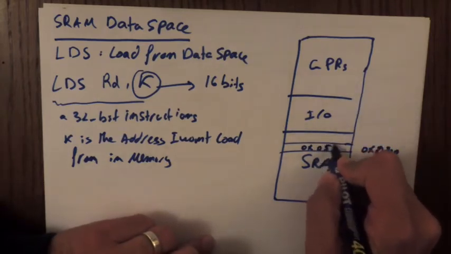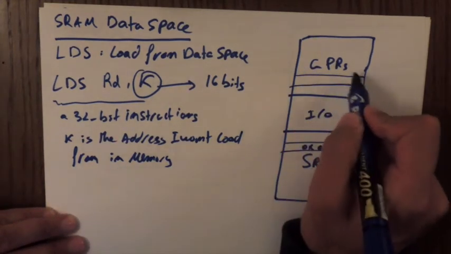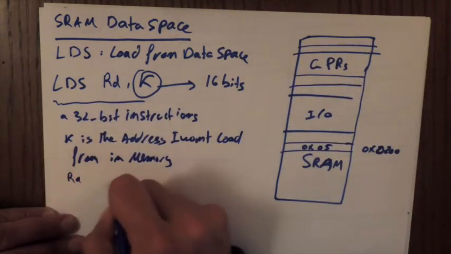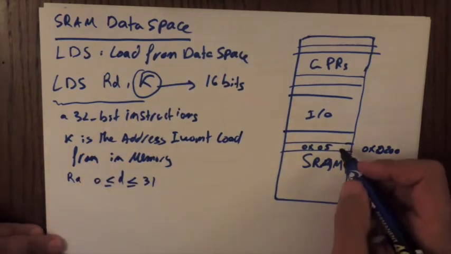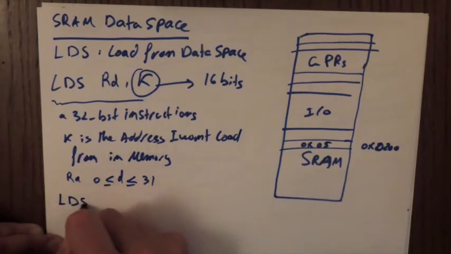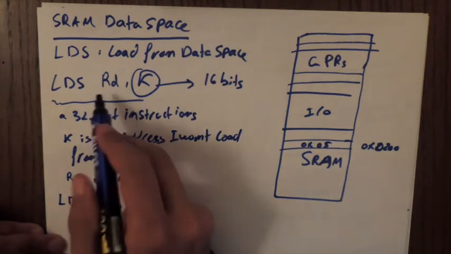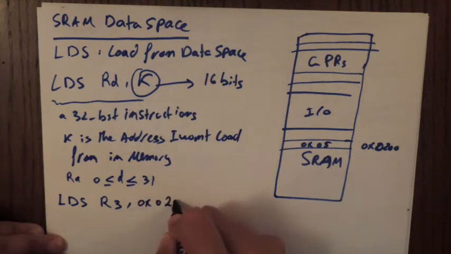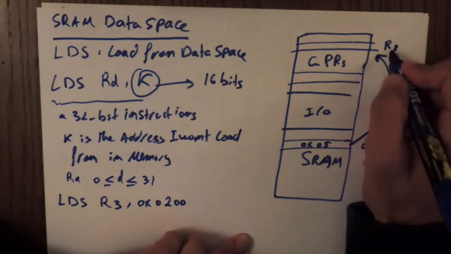So let's say we have 0x05 here, and I want to place it in a register. So I can place it in any register since Rd, the d can be anything from 0 to 31. So let's say I want to read this value. So I do LDS R3, and I can use less than 15 because the index of d can go from 0 to 31, and I do 0x0200. So what happens is that it will take the value and store it in R3.